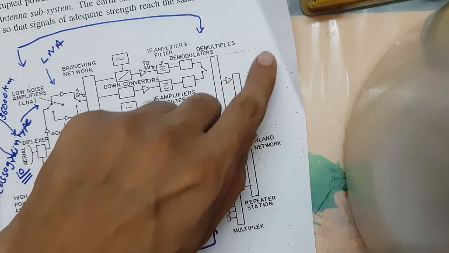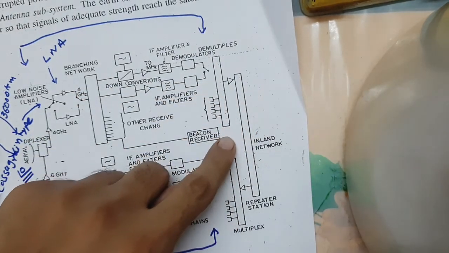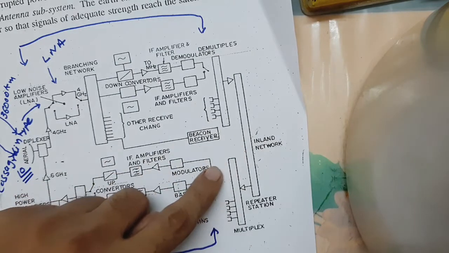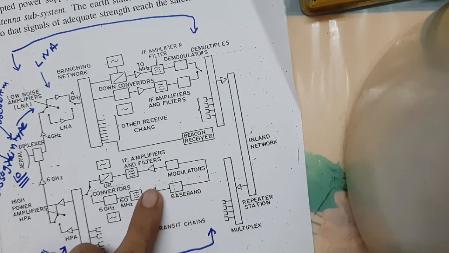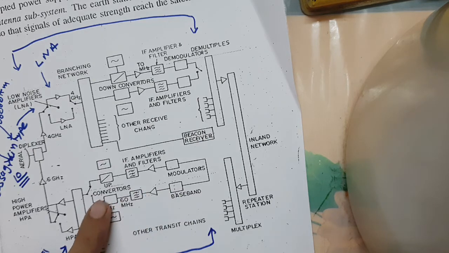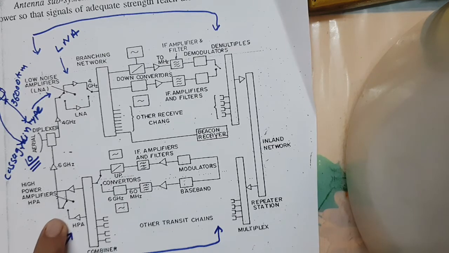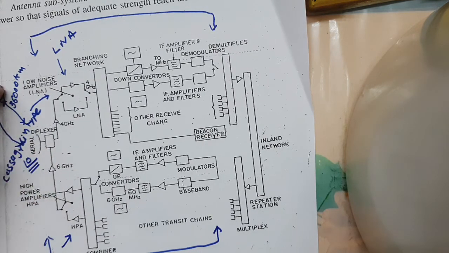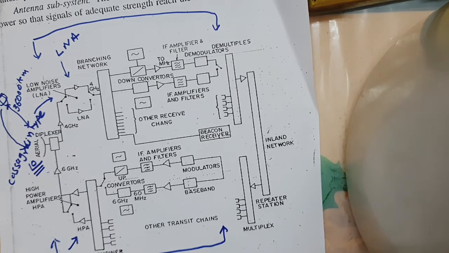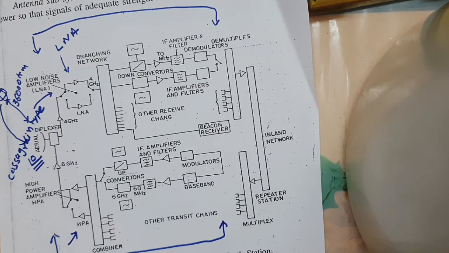Whatever the signal we are getting from the other earth stations is transmitted from this multiplexer, modulator, IF amplifier, up converter, and then given to the HPA, high power amplifier, and then given to the antenna. That antenna transmits the signal towards the satellite. So this is the main basic fundamental.